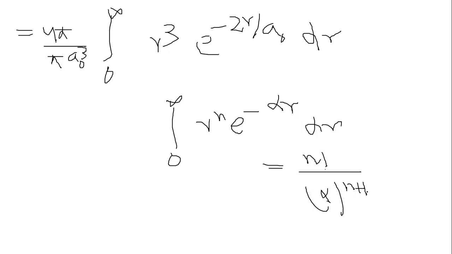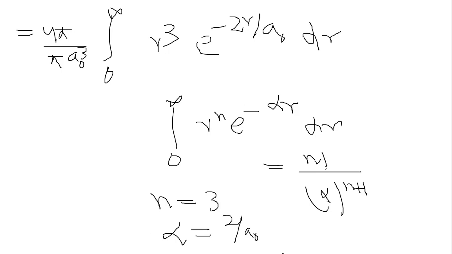So it will be n factorial divided by alpha to the power n plus 1. Here in this question n is 3 and alpha is 2 by a0.